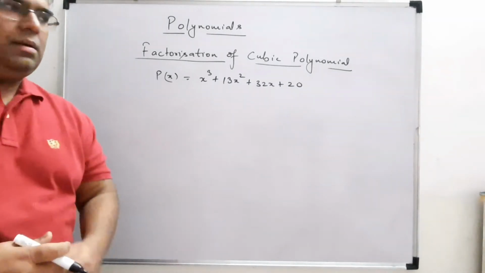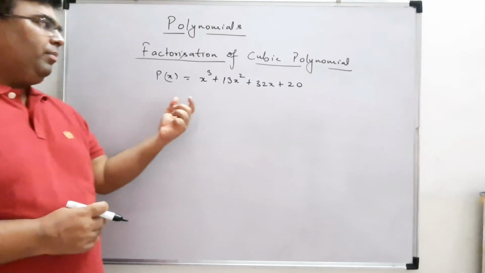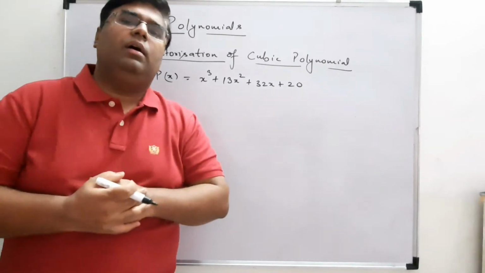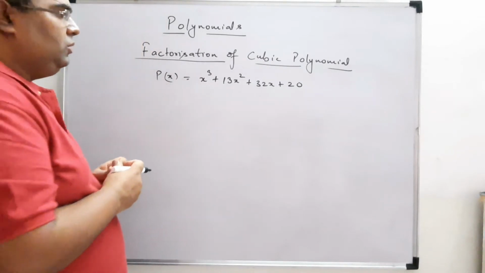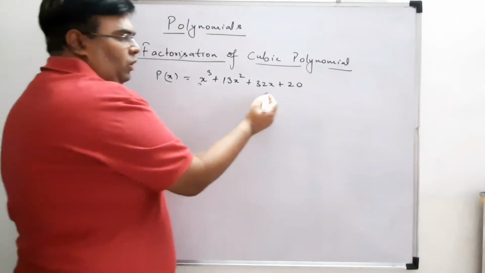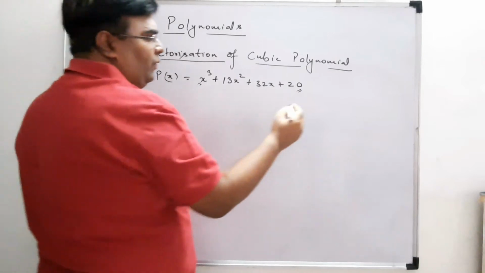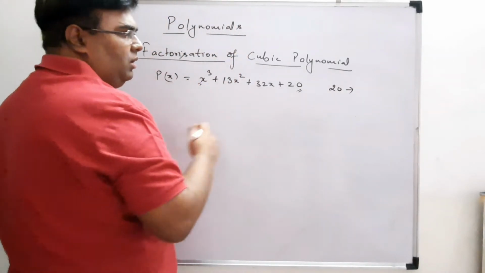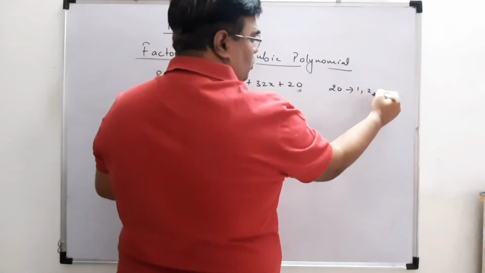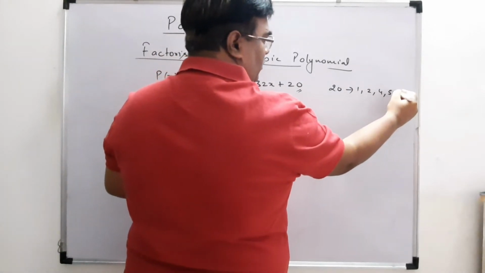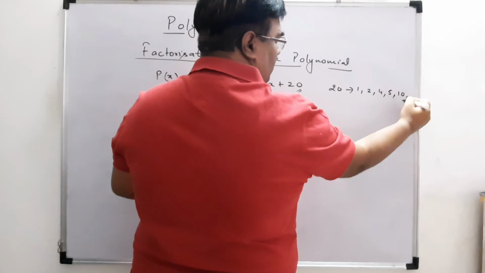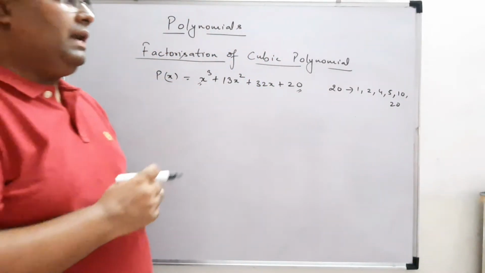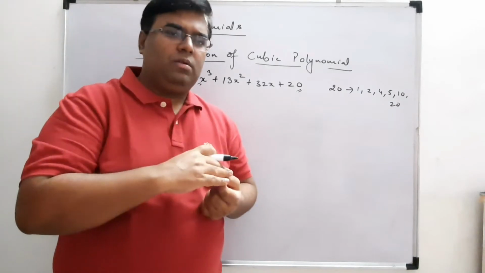Let us take another example. Here we have a polynomial x cube plus 13x square plus 32x plus 20. If you multiply the first coefficient and the last one, we get 20, and the factors of 20 are 1, 2, 4, 5, 10 and 20. We will take both signs, plus and minus.